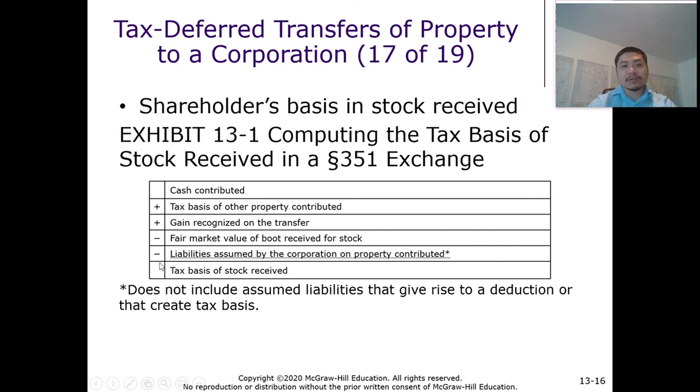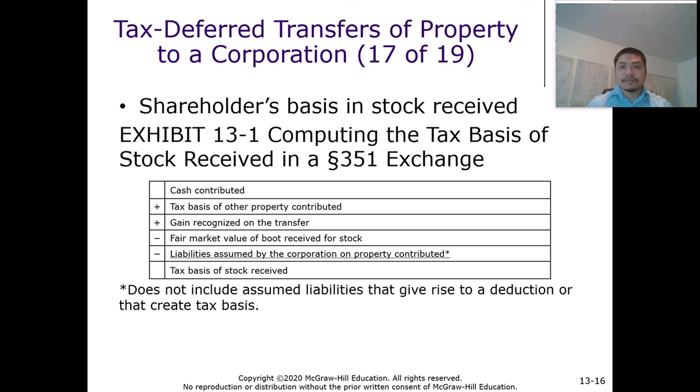So the end result is going to give us the tax basis of the stock received. This is a simplified formula that we can easily use to calculate the tax basis of the stock, right?